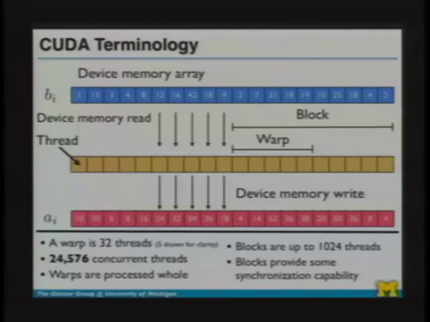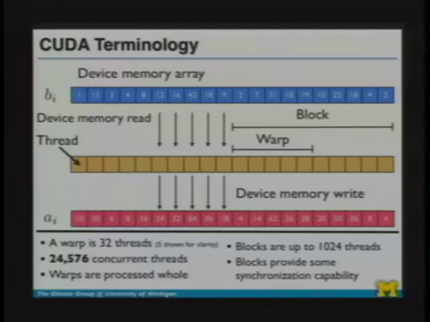Some terminology that you will run into using CUDA and that I will use a little bit later in this talk is, this is a device memory array. So it's an array of values that's sitting inside a device memory. The device memory is the memory that's on the graphics card board directly connected to the GPU.